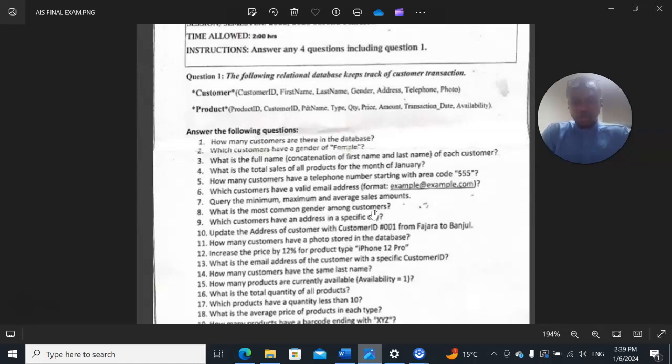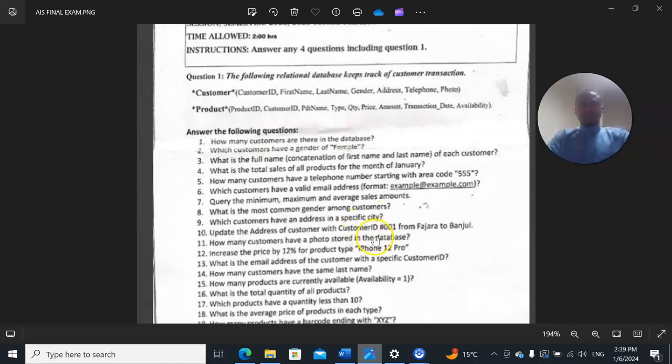So we want to identify the most common gender among our customers. In the other way around, we can interpret it as: among all our customers, which gender most commonly purchases the product.